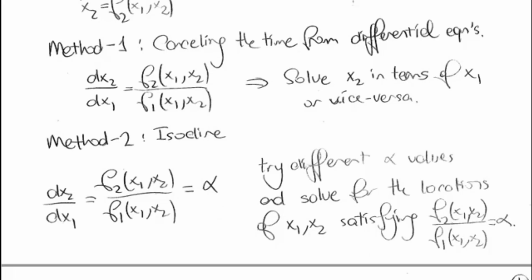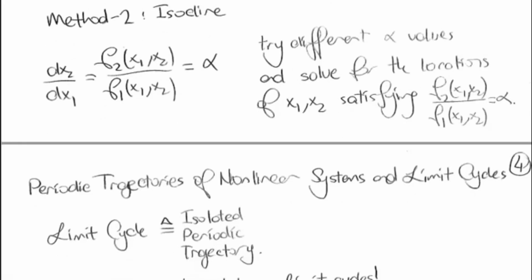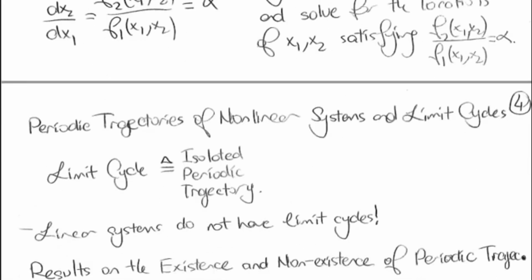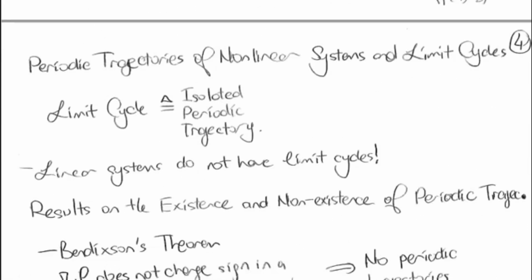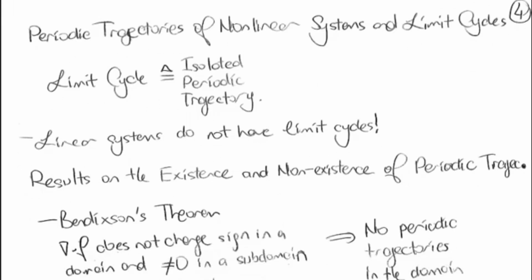The next topic that we have seen in the course was the concept of periodic trajectories. You know that in nonlinear systems there are specific types of periodic trajectories called limit cycles. A limit cycle is just an isolated periodic trajectory, which means that around the periodic trajectory, you won't find infinitesimally close other periodic trajectories, which is actually the case in linear systems.